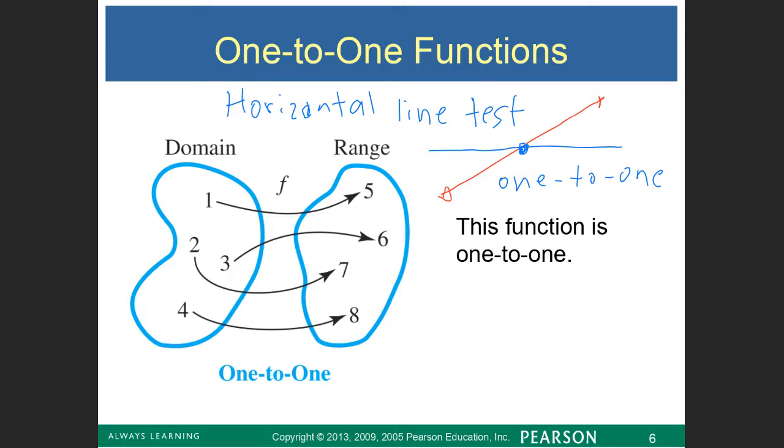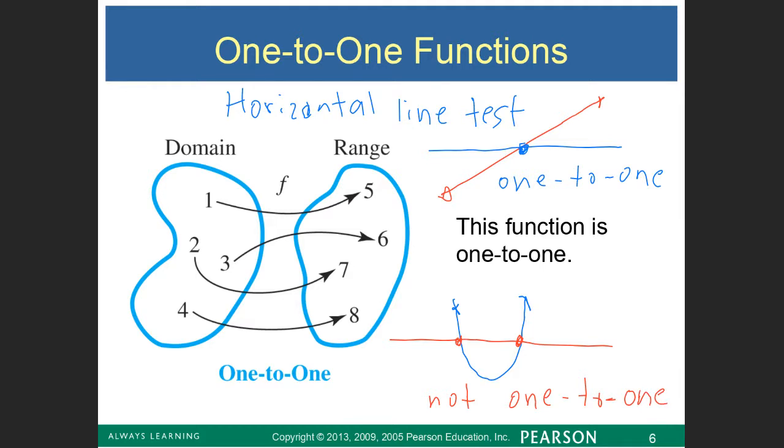If I have another example here, like a parabola, and I draw a horizontal line using the horizontal line test, then I have 2 points here. So in this case, this is not one-to-one. So that's how you know.